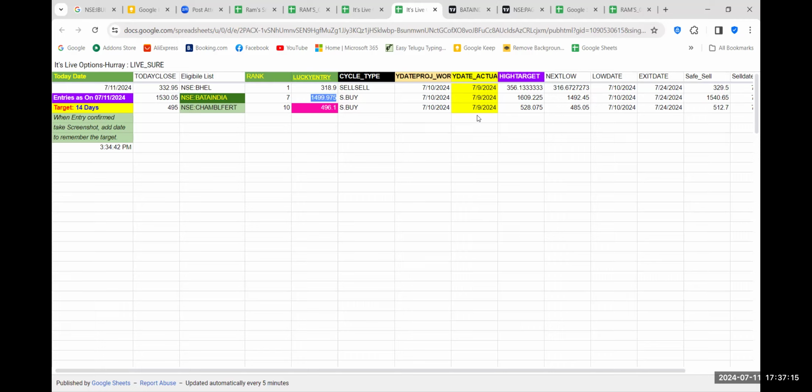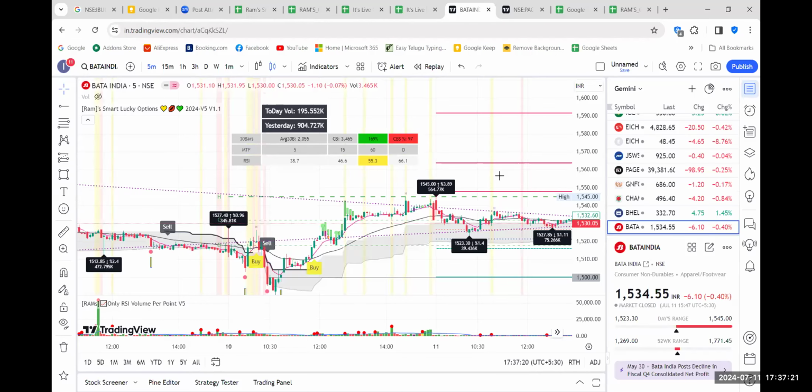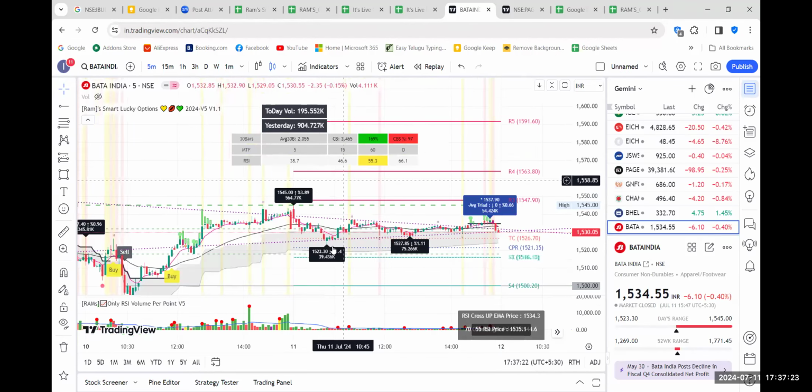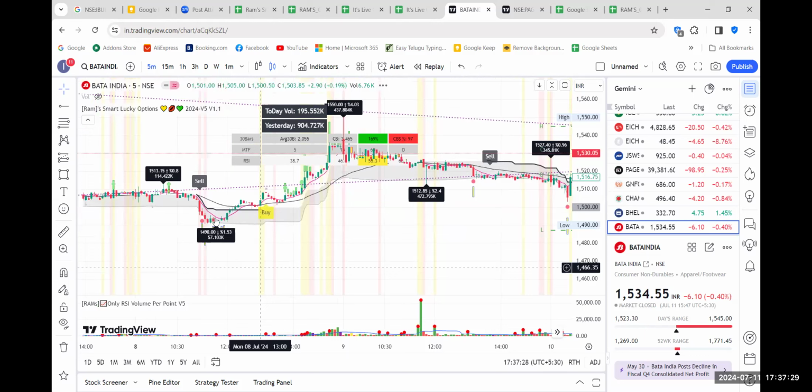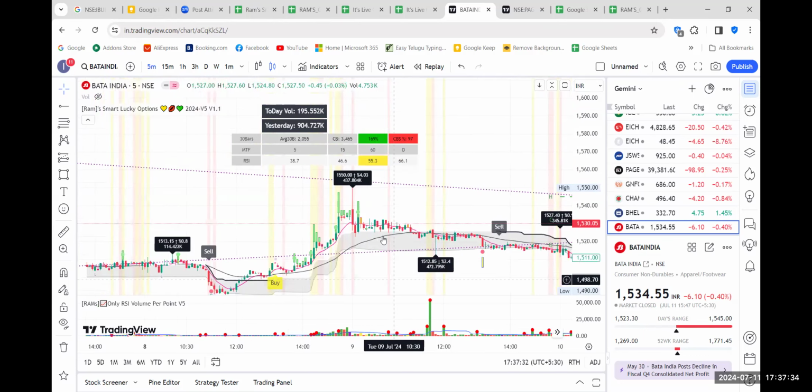So on July 9th itself it came to 1499. After that it created the high pivot. Let's see, on 9th, 1499.